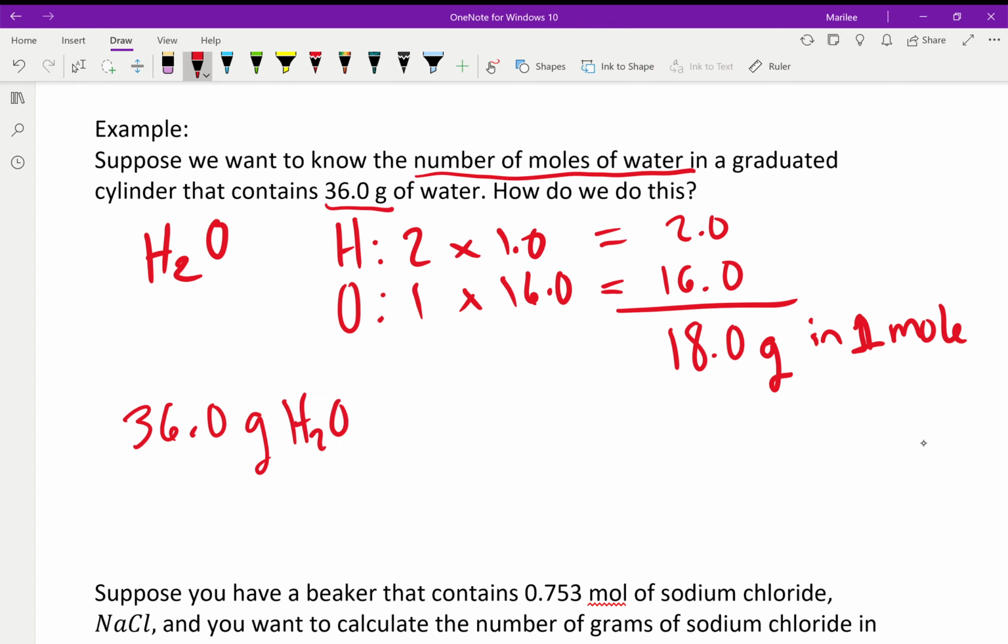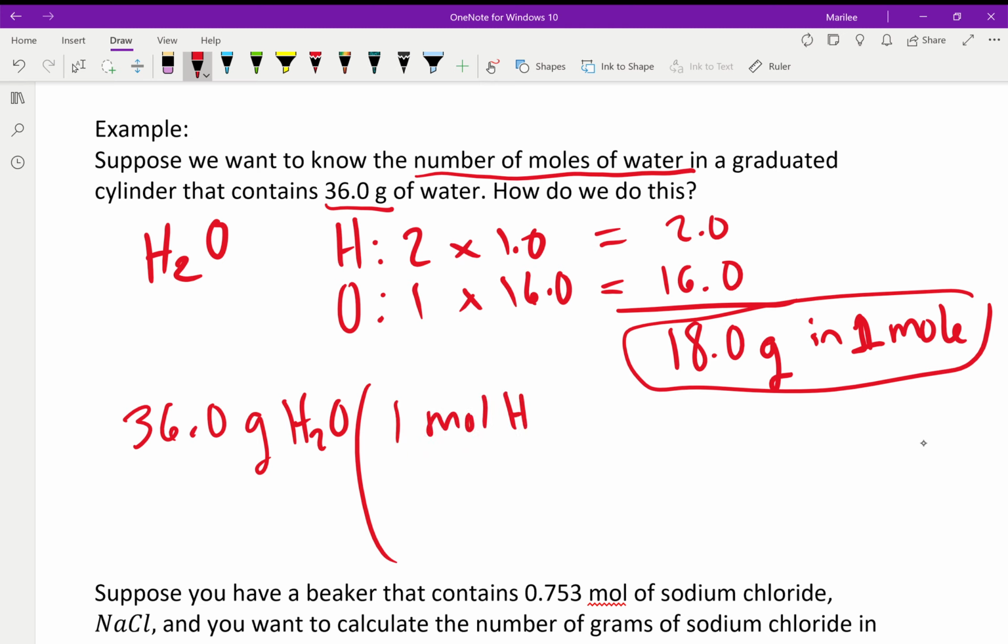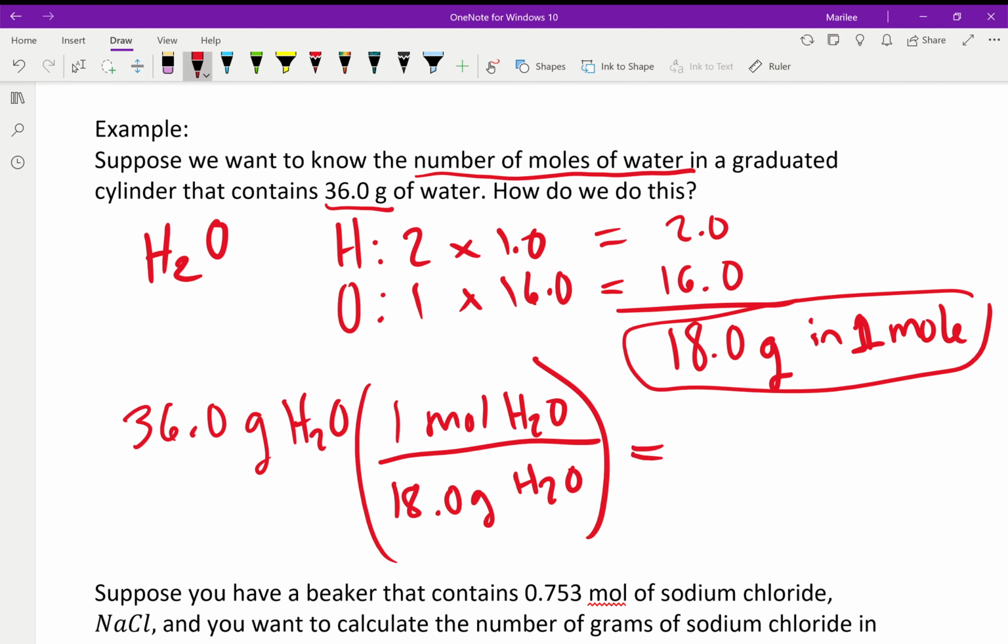And we have to use our conversion factor, so this is our conversion factor here. 1 mole of water is 18 grams of water, so we put 1 mole of water is 18 grams of water, so that will give us our moles of water. As you see, the grams of water cancel out, so 36 divided by 18 will give us 2.00 moles of water, and that's the answer.